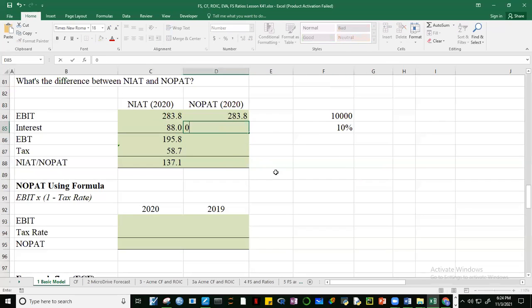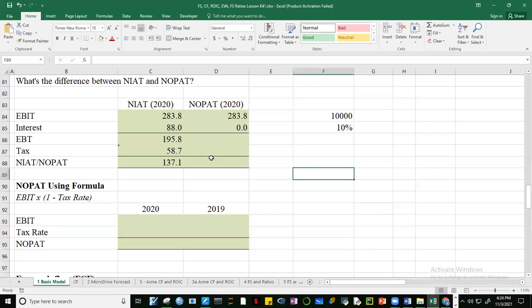And it's unfair, guys, to charge operations with the interest expense, as I said a while ago, because operations is not responsible for incurring interest. We're computing for NOPAT, operating profit, and we'd like to assess operations based on what they're responsible for.